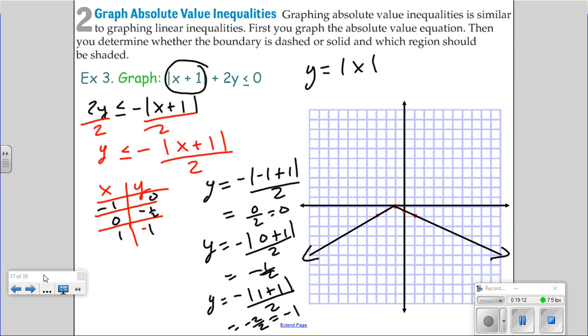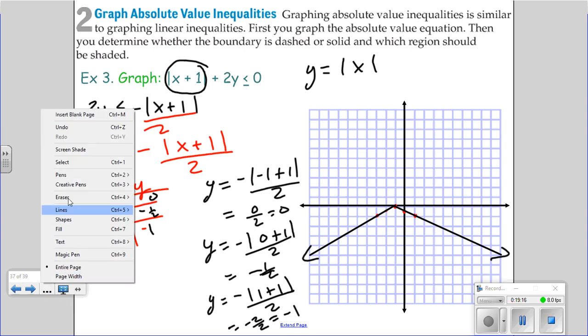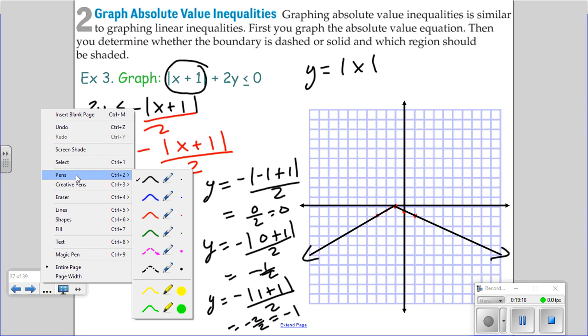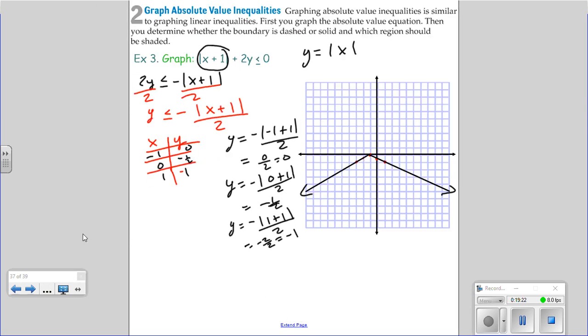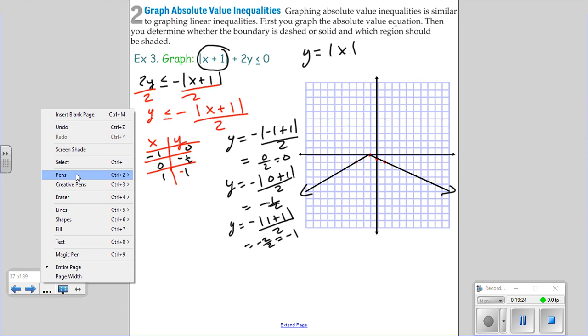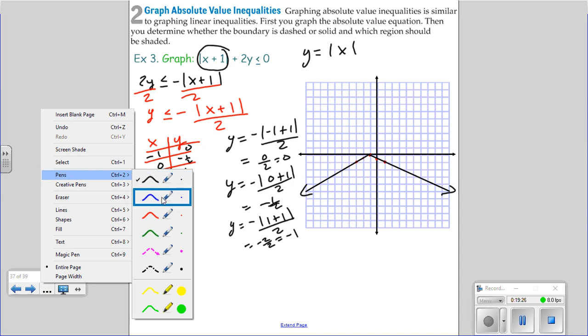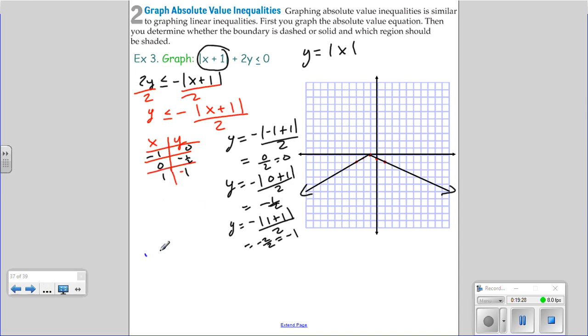Now let's pick a test point. And again, when you pick a test point, go back to the original equation. So I'm going to use 0, 0 because it's not on my line, or my boundary.